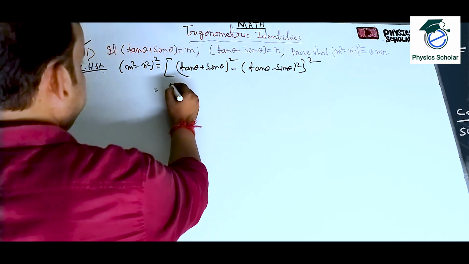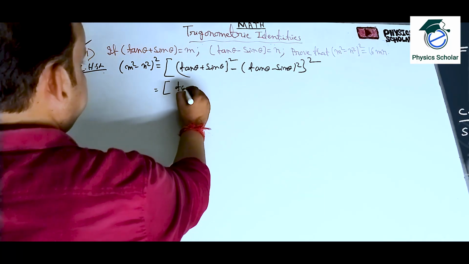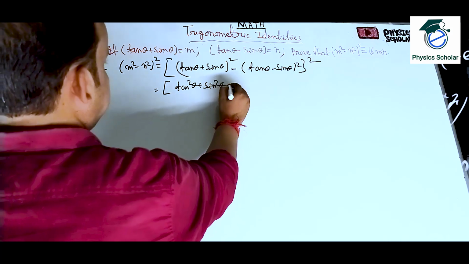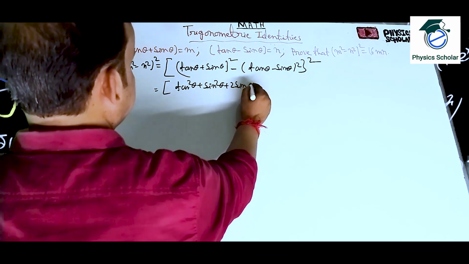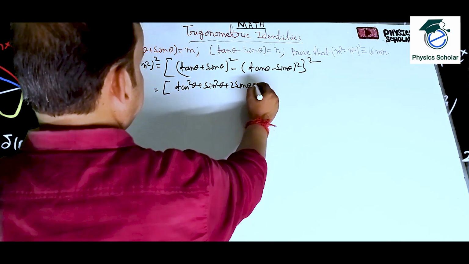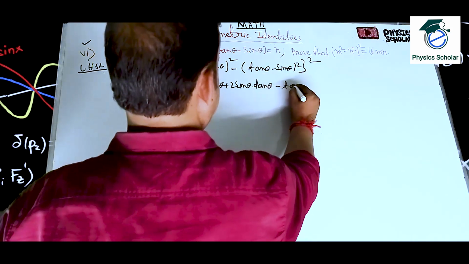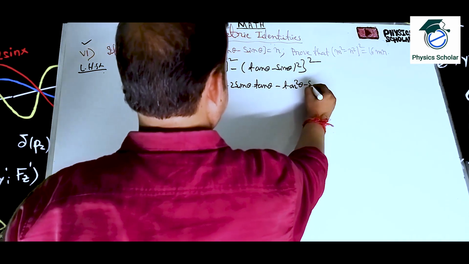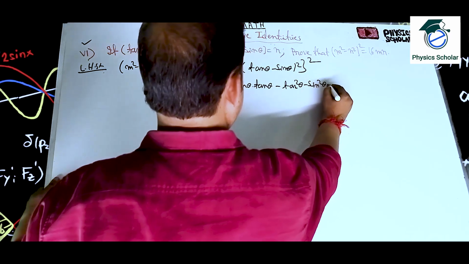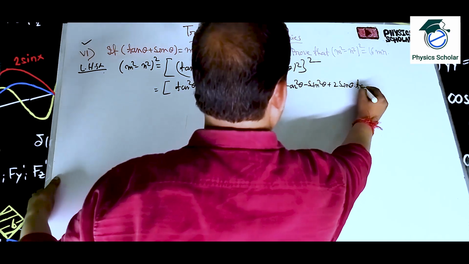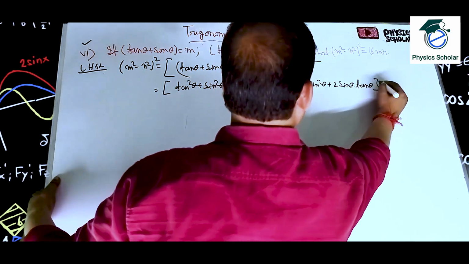So here what is the thing? Tan square theta plus sin square theta plus 2 sin theta into tan theta, right? Minus tan square theta minus sin square theta plus 2 sin theta into tan theta, that whole square.